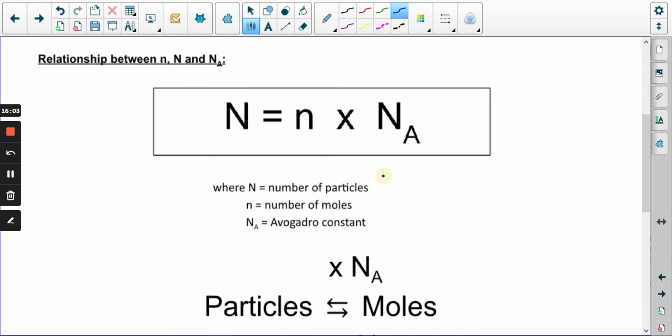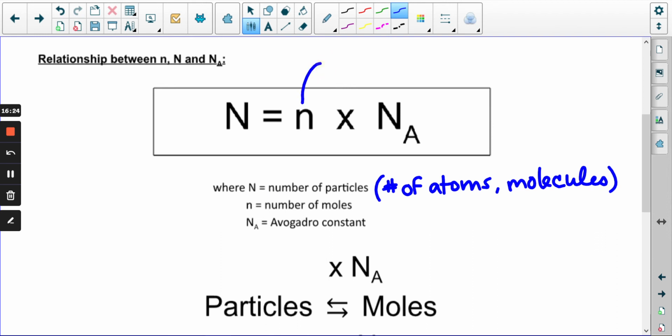As I said before, the particles could be the number of atoms, molecules, etc. It depends on the context of the question, so we'll see some examples of that afterward. Small lowercase n is the number of moles. And capital Na is Avogadro's constant.